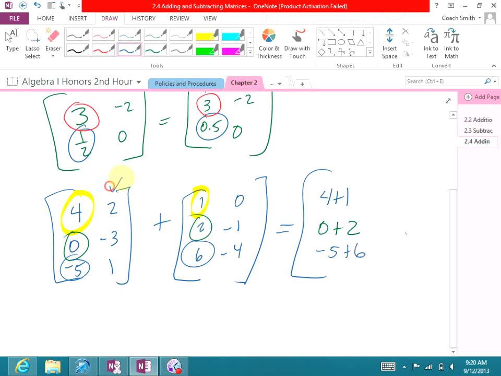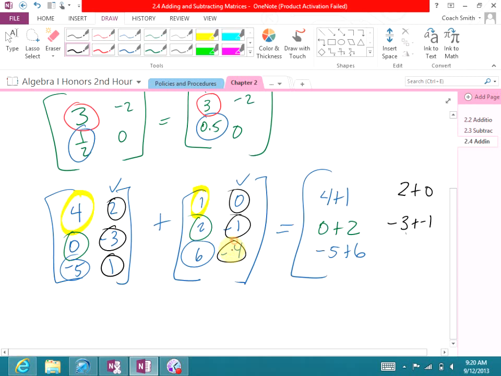So that gives me 2 and 0. So 2 plus 0. Then we got negative 3 and negative 1. So negative 3 plus negative 1. Okay, then we move to the 1 and the negative 4, which means 1 plus negative 4.